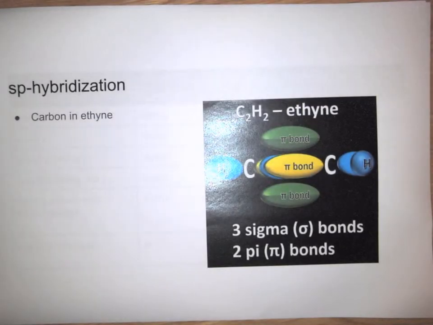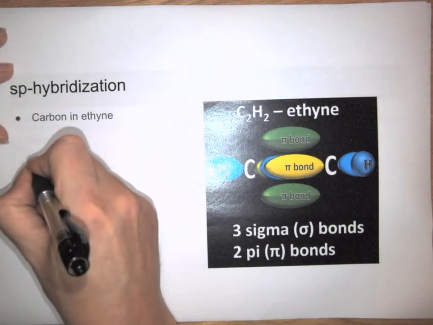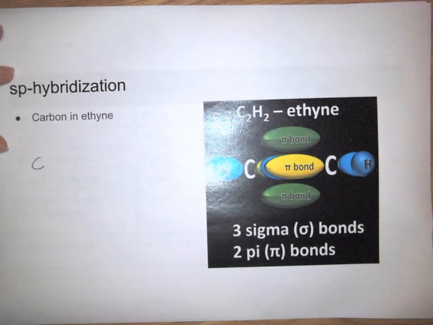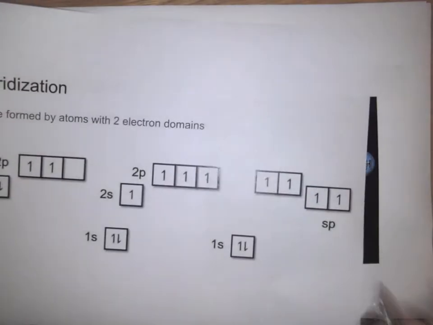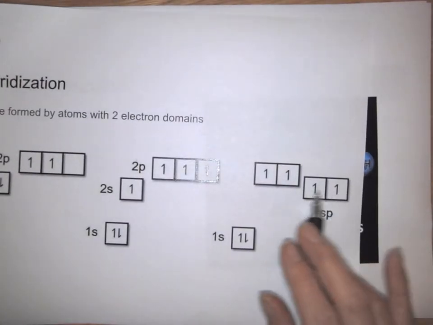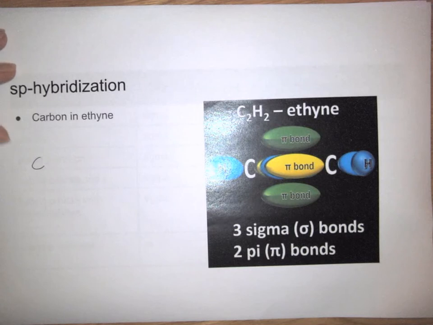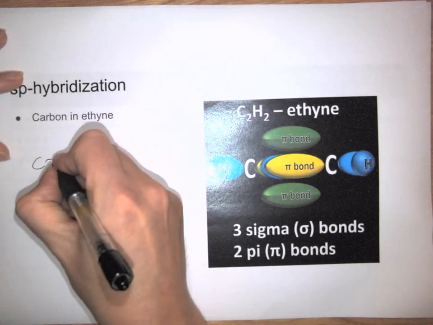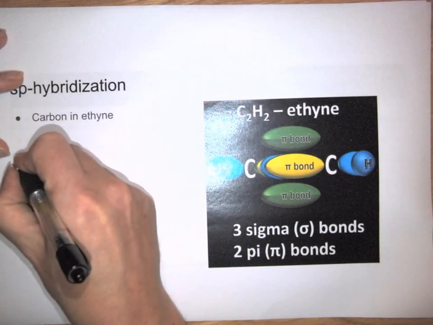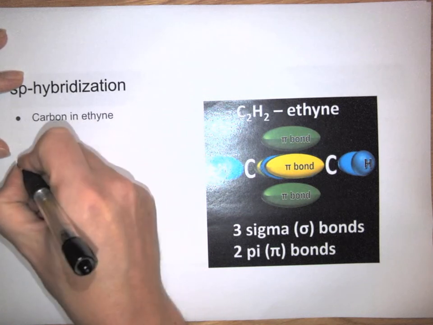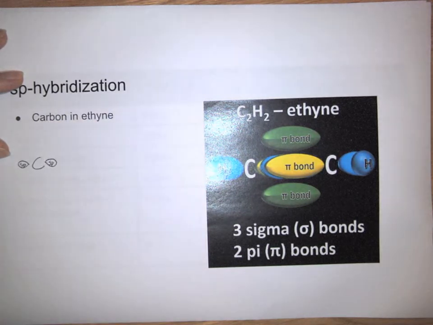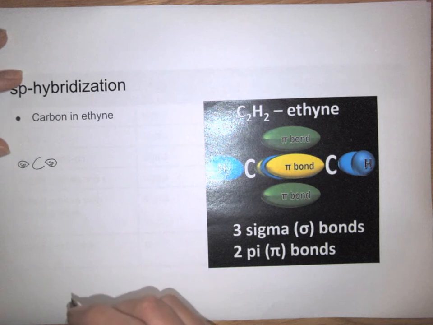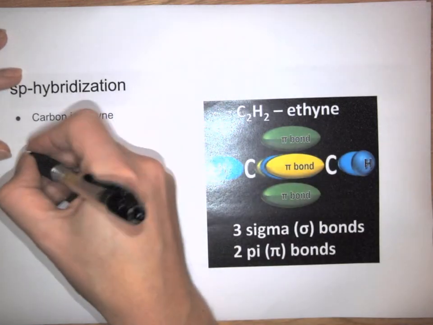So I'm not going to draw the ethyne molecule. We have one carbon who has, once again, two sp here that can form this sigma bond. So one sp hybridization here and one here. And then we have two unhybridized p orbitals.